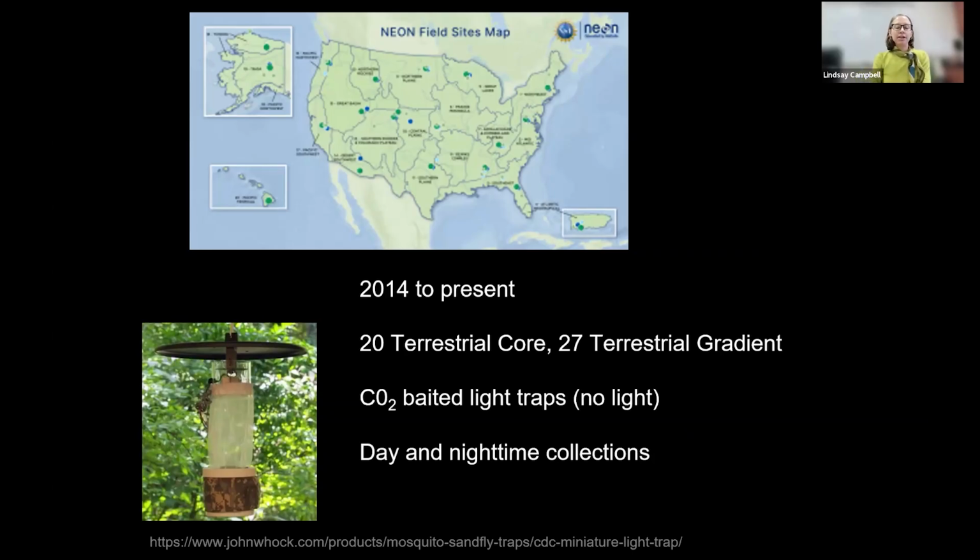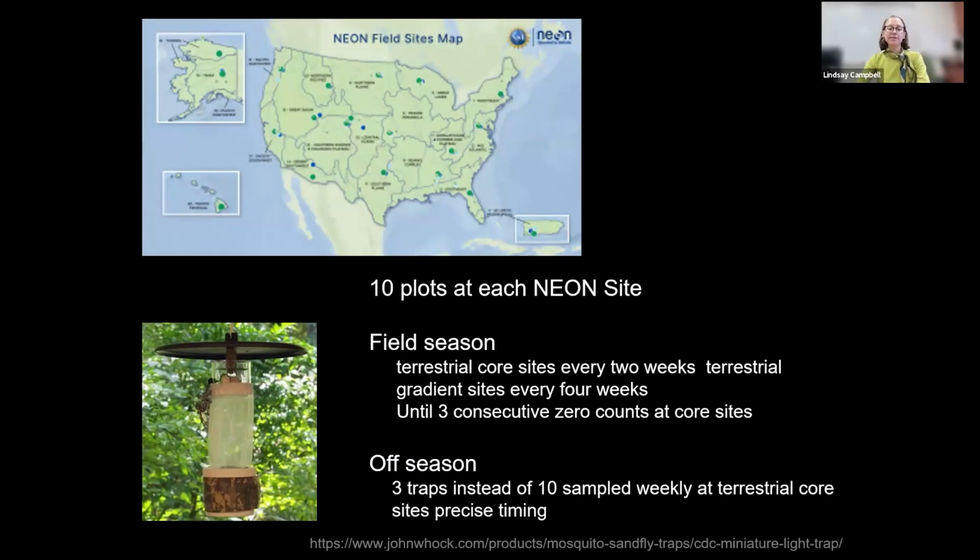CO2 is a really good general lure for mosquitoes, and it can attract a large diversity of mosquitoes. Not every single mosquito on the planet, but a good diversity. And then there's also day and nighttime collections of these mosquitoes. Typically there's 10 plots at each NEON site, and so there's 10 mosquito traps across each site.